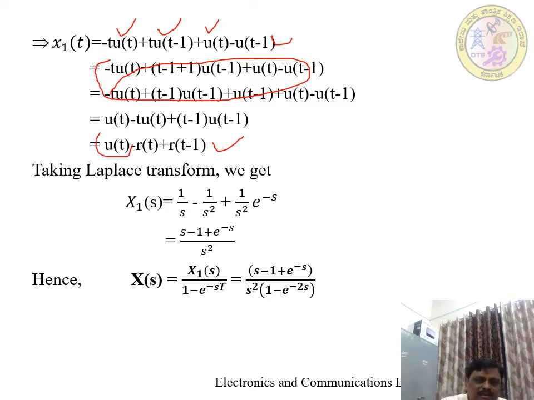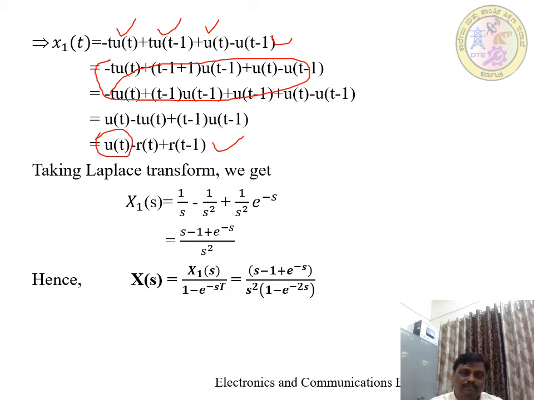As you all know, this is the step function, this is the ramp function, this is the delayed ramp function. If I do this operation, I am getting the function x1 of t, which is defined in the example.